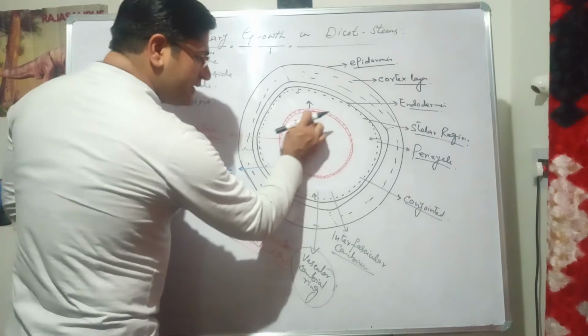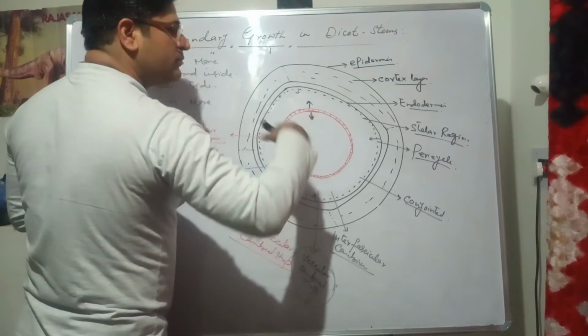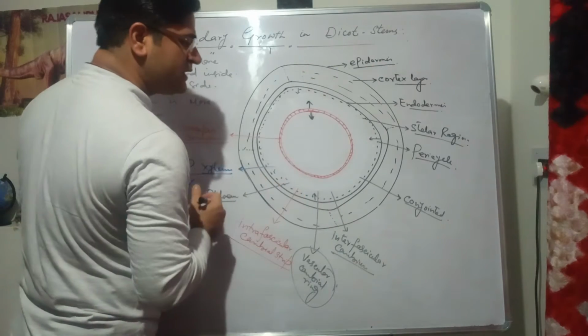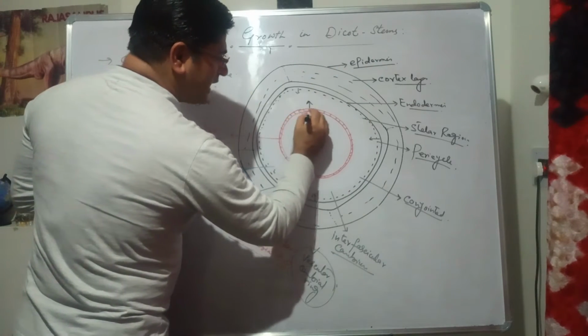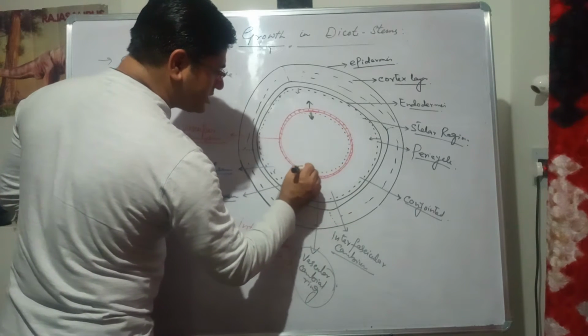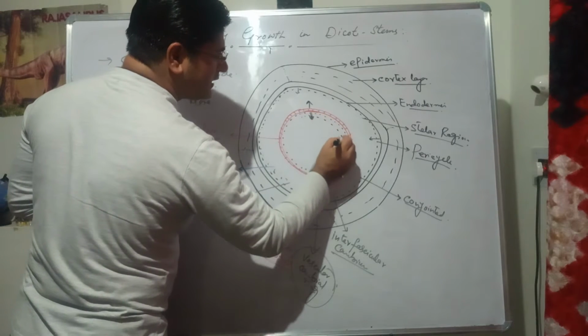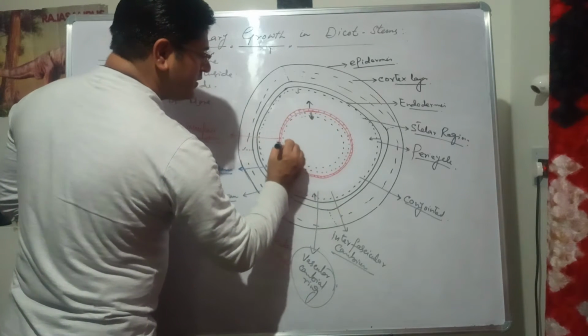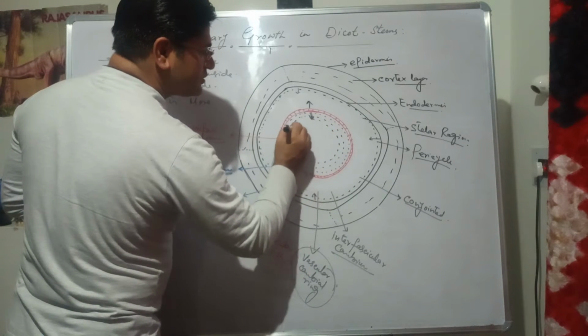So this meristematic ring will divide cells from both sides, outer side as well as inside. When it divides the cells inside, all these cells accumulate inside in a ring manner and lead to the formation of ring-like structures like this, which you are going to see.